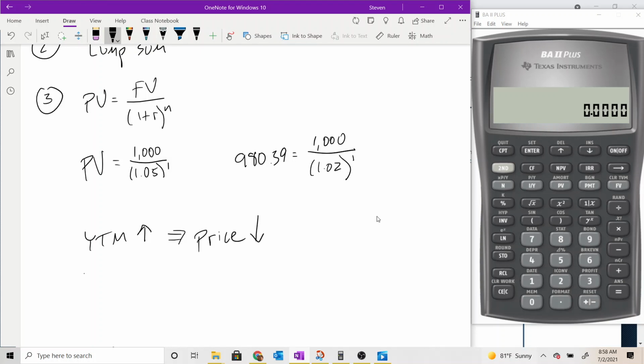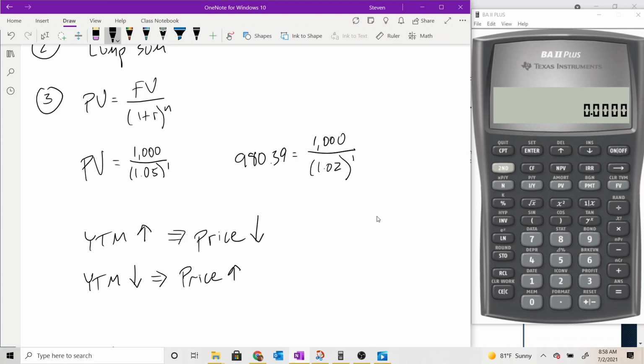And vice versa. If yield to maturity decreases, that is the investor's expected rate of return decreases, well, the only way that can happen is if the price increases. The investor pays more for the bond.